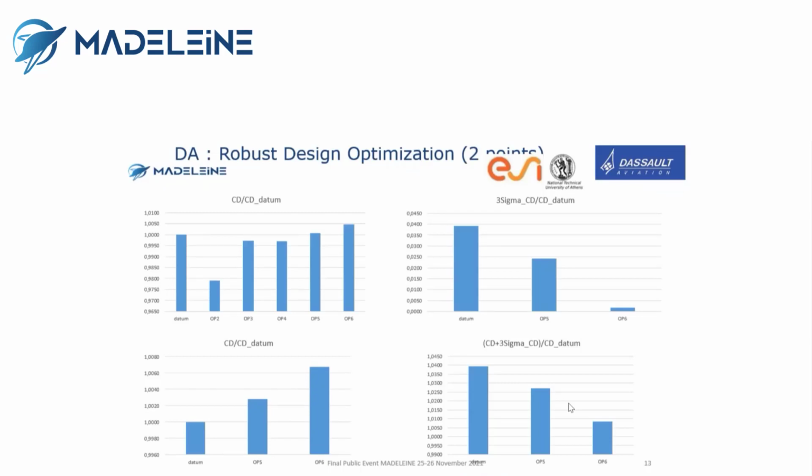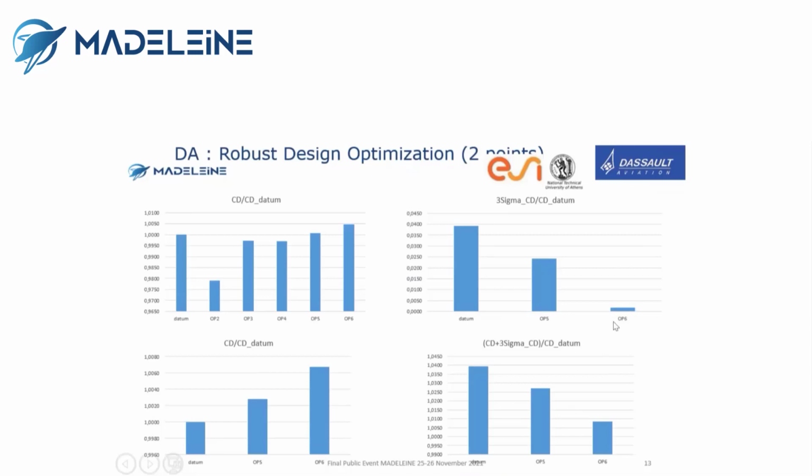For optimization 2, we obtain the best drag coefficient, of course, because we have optimization with both twist angle and camber parameter. What I want to show on this slide is the effect of robust optimization.